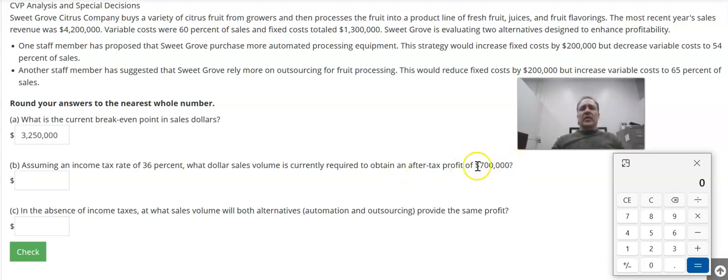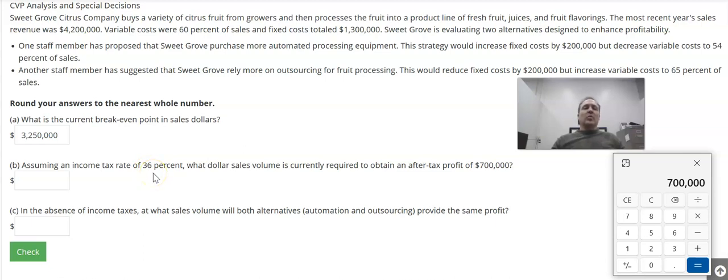So the first thing that I want to do is take this $700,000 because this is my desired after-tax profit. And I'm going to divide this by a percentage. Well, what percentage? Not by 36%. If we do that, we're not going to get the right answer.